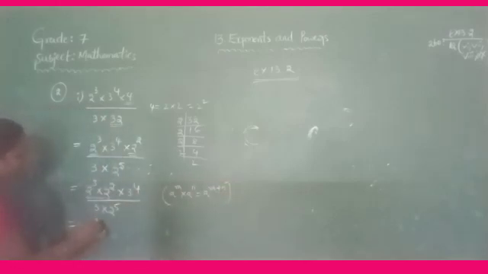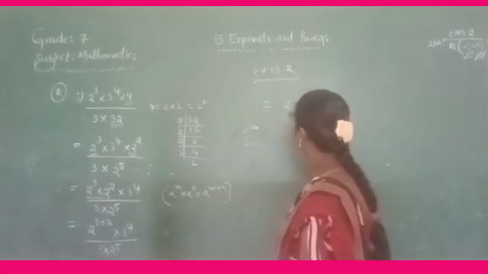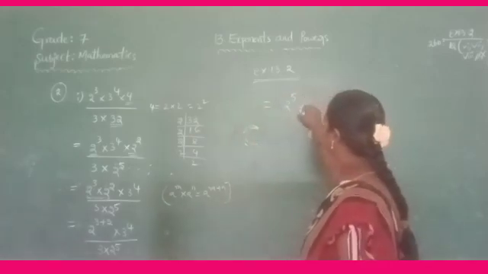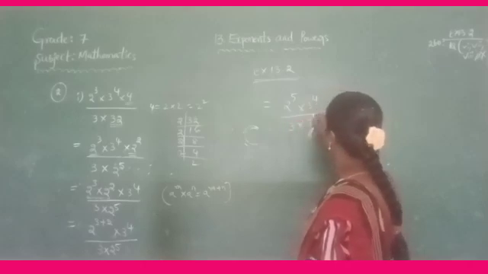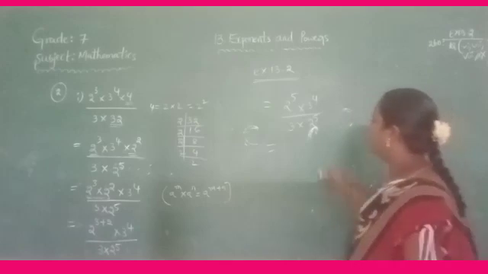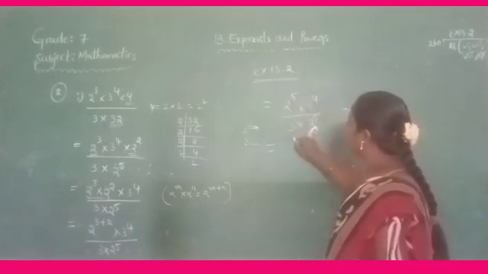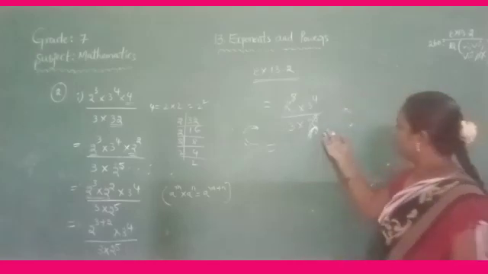Then 2 to the power of 3 plus 2 into 3 to the power of 4 by 3 into 2 to the power of 5. So now tell me, 2 to the power of 3 plus 2 is nothing but 2 to the power of 5 into 3 to the power of 4 by 3 into 2 to the power of 5. Right. Here see 2 to the power of 5, 2 to the power of 5 cancel.